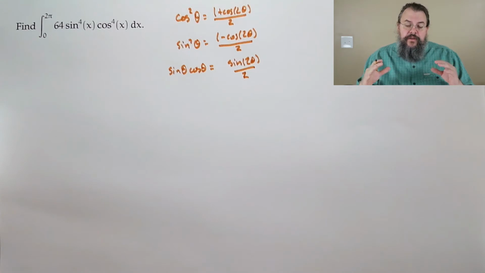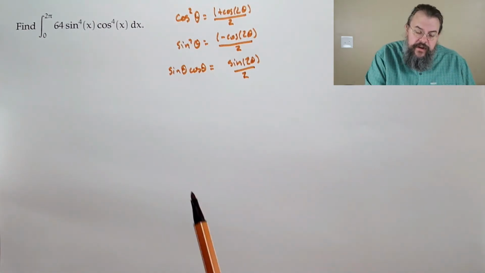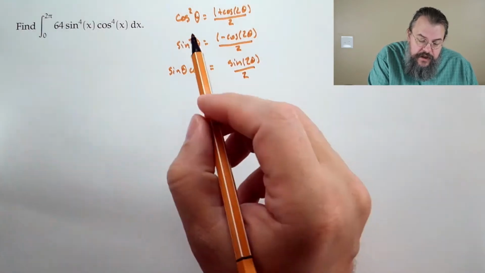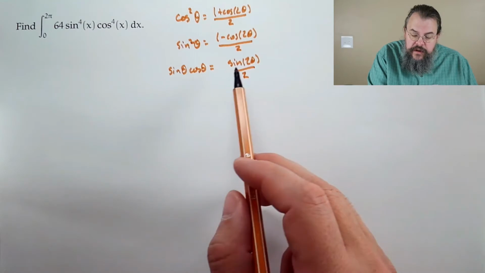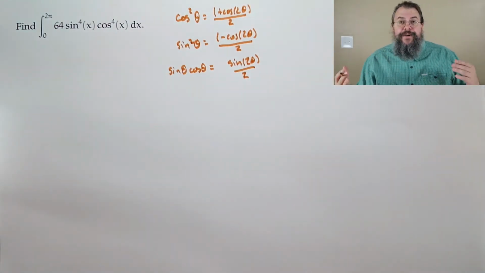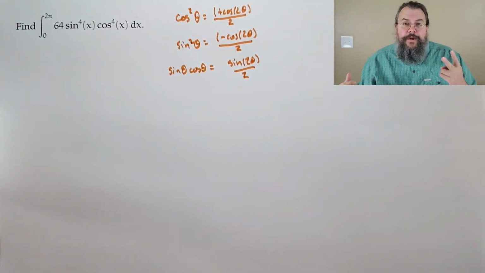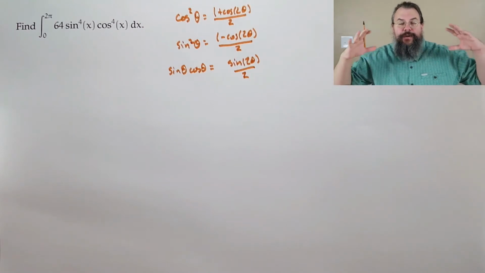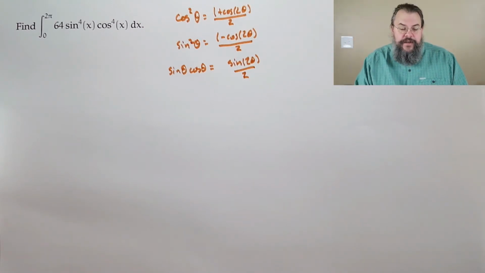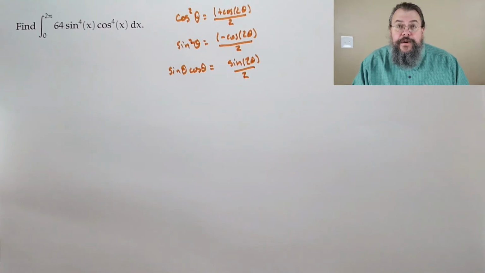So these are our ways that we can do power reduction. Now you might say, that doesn't feel like a power reduction. Well, it is in a sense, because we have really 2 terms becoming 1 term. That's what power reduction does. We can trade 2 sines for 1 cosine, or 2 cosines for 1 cosine, or a sine and a cosine for a sine. So we're trading, and we're going down to fewer terms.